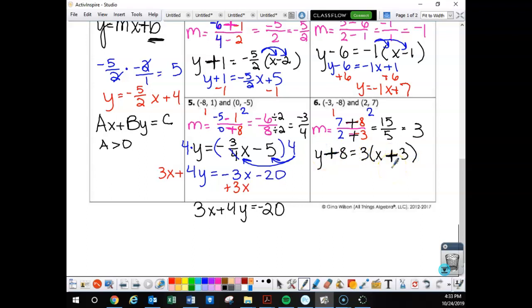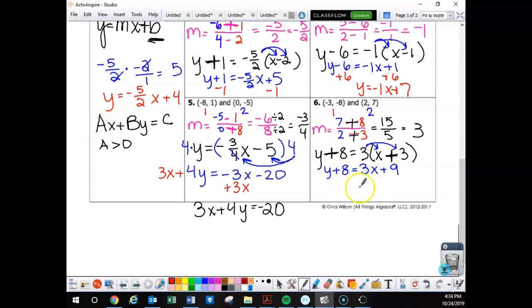Now, if you notice, for a standard form equation, there are no parentheses. So I have to distribute this 3 to get rid of the parentheses. So y plus 8 equals 3 times x, which is 3x, and 3 times 3 is 9. Now, remember, the number in front of the x has to be positive, and it is already positive.